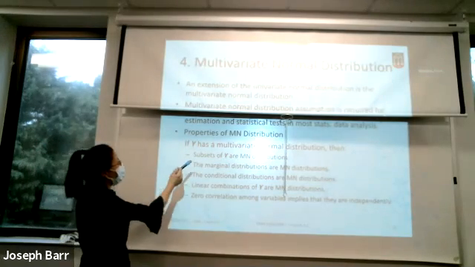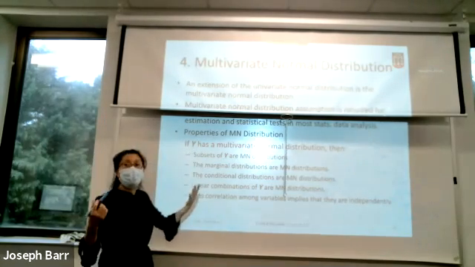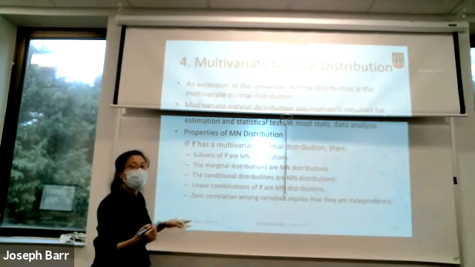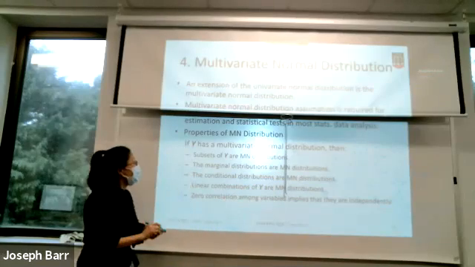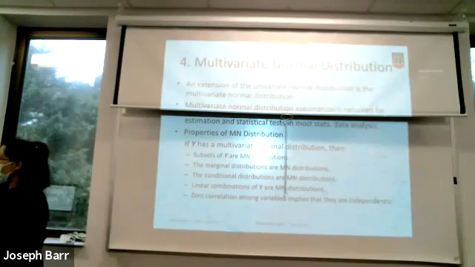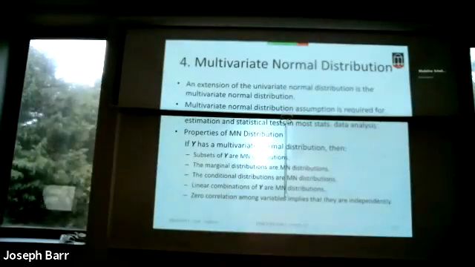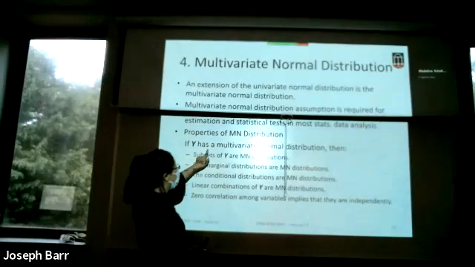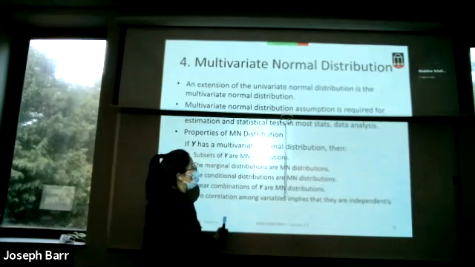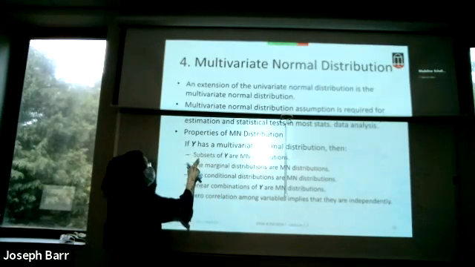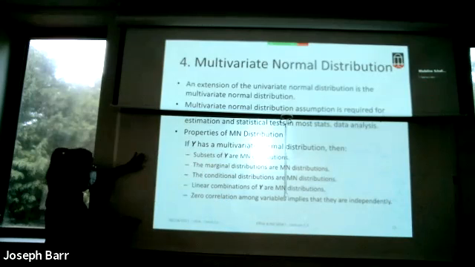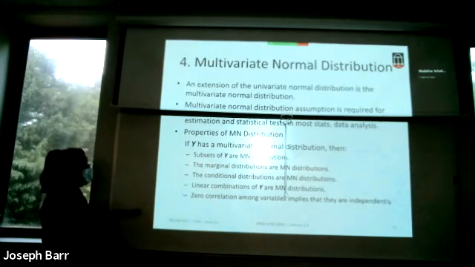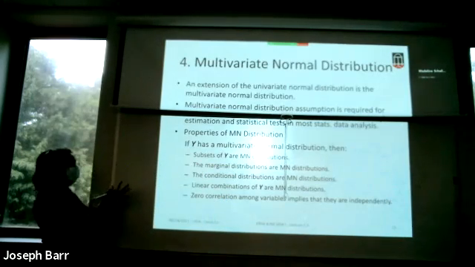So that's the introduction of the multivariate normal, but let's see why the multivariate normal is so important, because it has very good properties. For example, if Y has a multivariate normal distribution, then any subset of Y is also multivariate normal. What does that mean? Suppose these k variables together are multivariate normal.